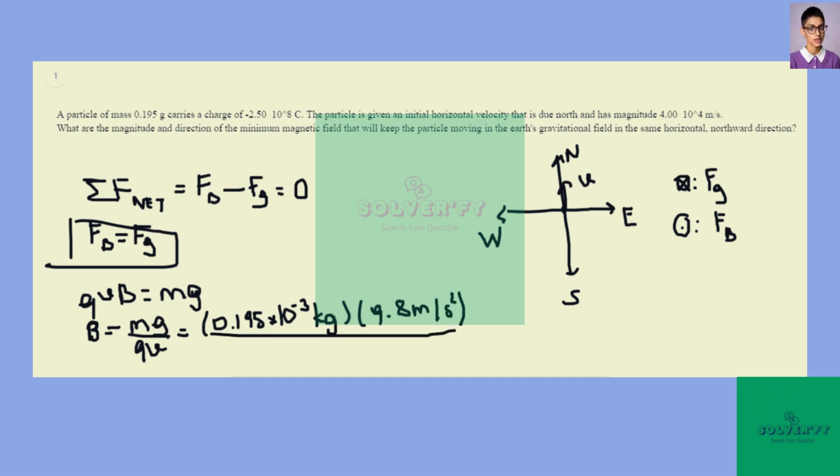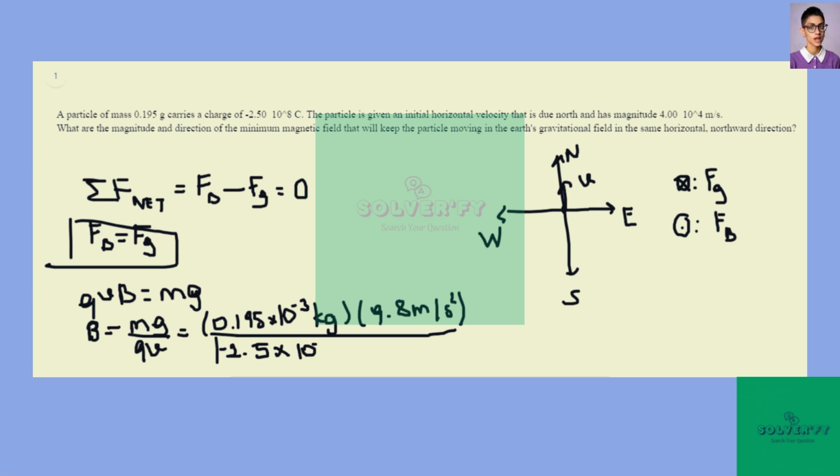And in the denominator, we have the absolute value of the charge, right? You don't take the negative into consideration. It's 2.5 times 10 to the power of, this should be -8.